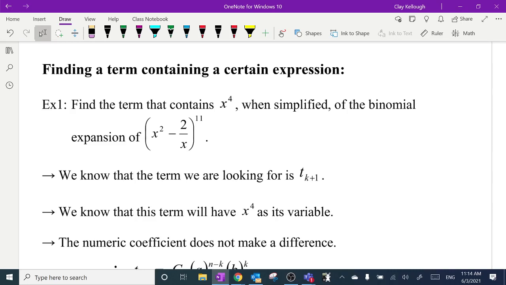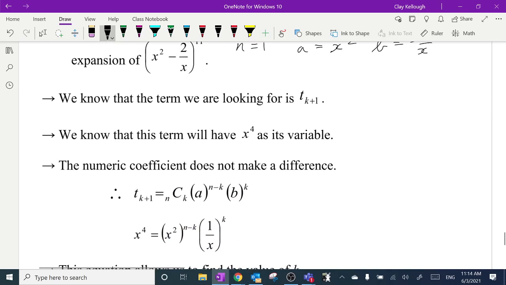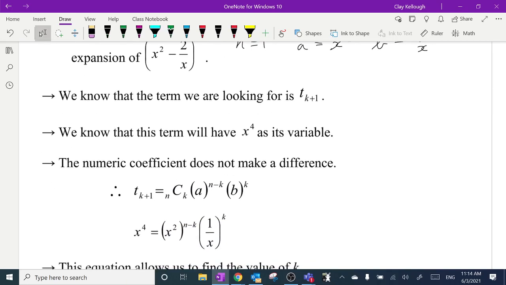So again, we already know looking at this that n is 11, a is x squared, and b is negative 2 over x. But what we don't know is k, right? We know that we're looking for term k plus 1. We know that this term will have an x to the power of 4 as its variable.